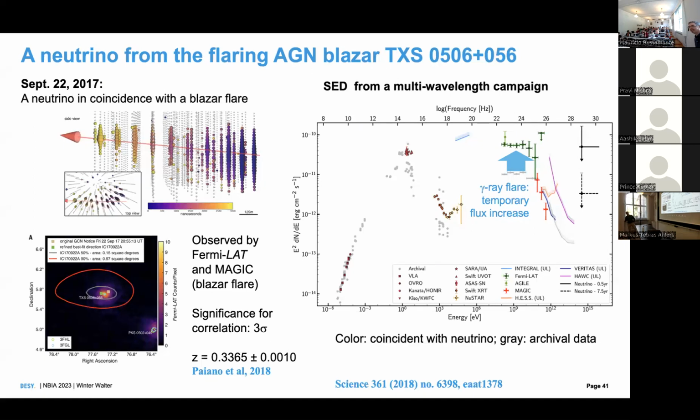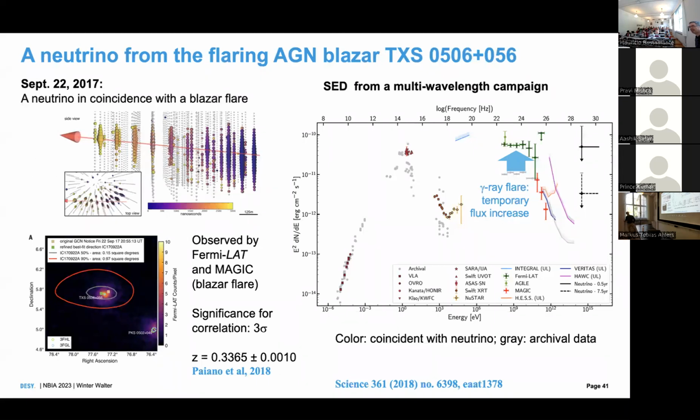You also see in this case the MAGIC data here and some other limits by other experiments. Colorful data points are consistent with the timing of the neutrino event, and the gray ones are archival data. And the neutrino event level is illustrated here by these different error bars.